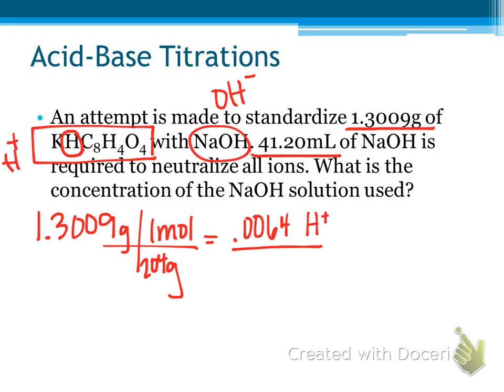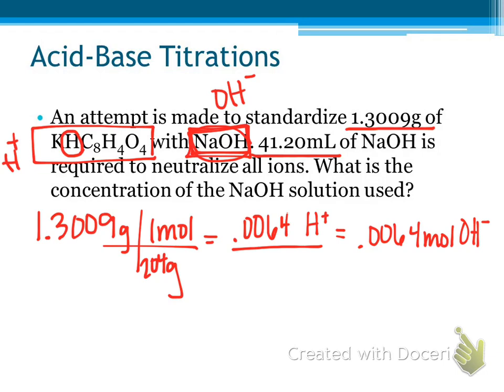So if we have that many moles of H+ ion, how many moles of hydroxide ions do we need? The same, right? I need the same number, 0.0064 moles of OH-. And within this molecule there's one OH-, so it's a 1-to-1 ratio. So I have that many moles of OH-.